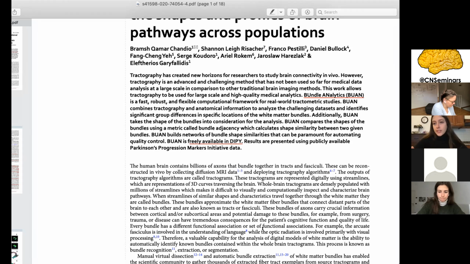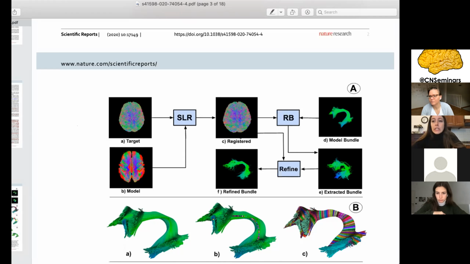Then for the second step, we use this product of the first computation together with a model of the bundle that we want to extract from this whole brain tractogram. And then RecoBundles allows to extract the bundle of interest from the whole brain tractogram that we have. The authors also propose that a further step can be applied to RecoBundles, which they call calibration.